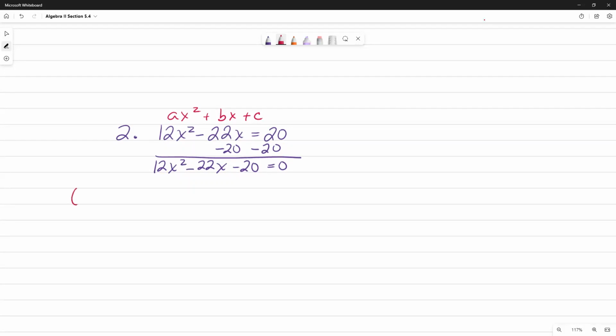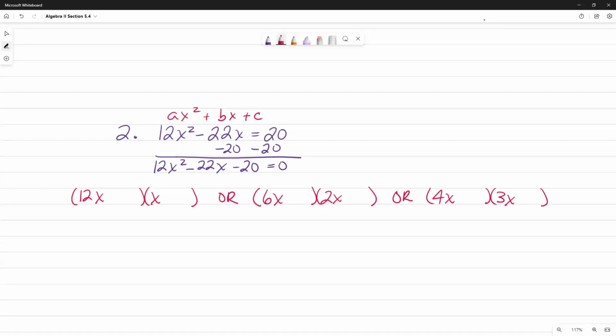So I'm going to start with the easy one. 12x times x would give me 12x squared. Or we have 6x times 2x, that would give me 12x squared. Or I have 4x times 3x, and that would give me 12x squared. So my first term inside the binomials is going to be one of these three sets.